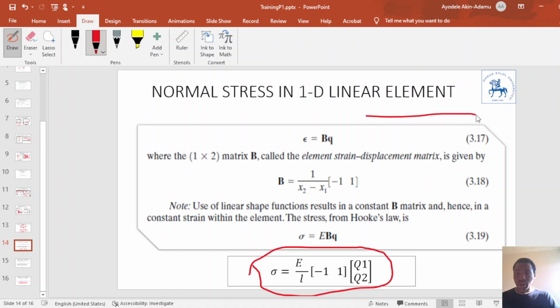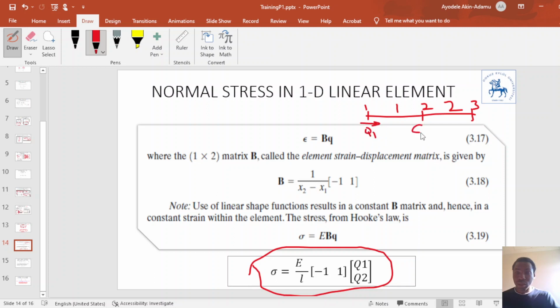Assuming we have a body which is defined by two linear elements. This is node 1, node 2, node 3, and this is element 1 and this is element 2. So at node 1, it has a displacement quantity, say Q1.